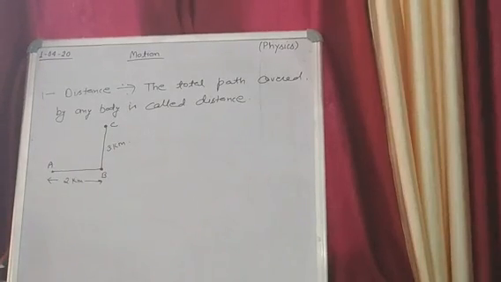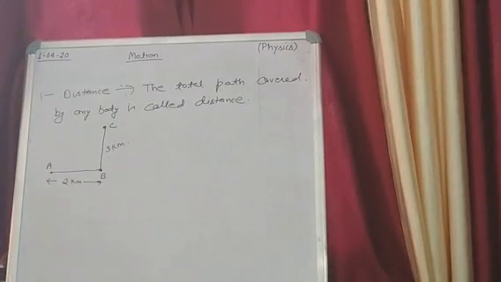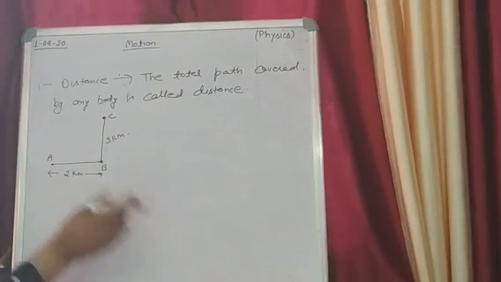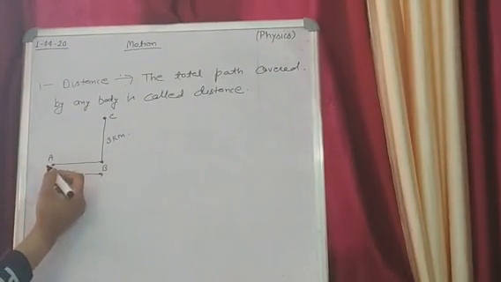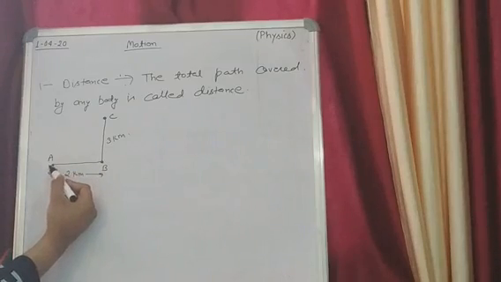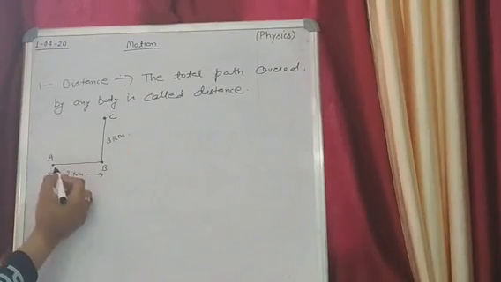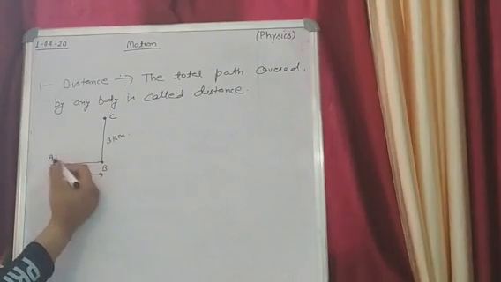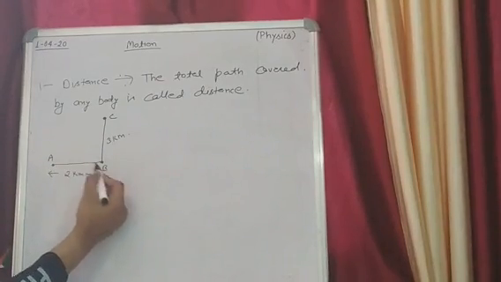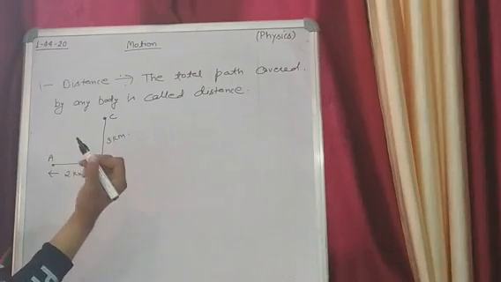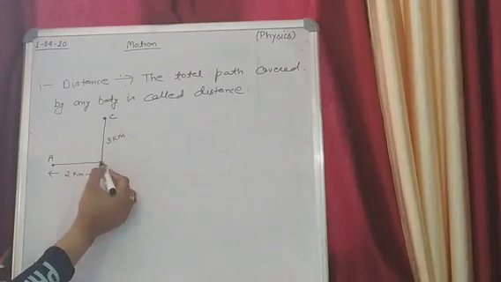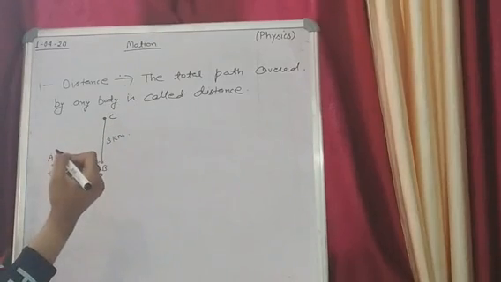Okay, I am giving you a very simple example. Suppose I am at A and I start to move from here. I move toward east, 2 km, and I reach point B. Then I move toward north, and that is 3 km.